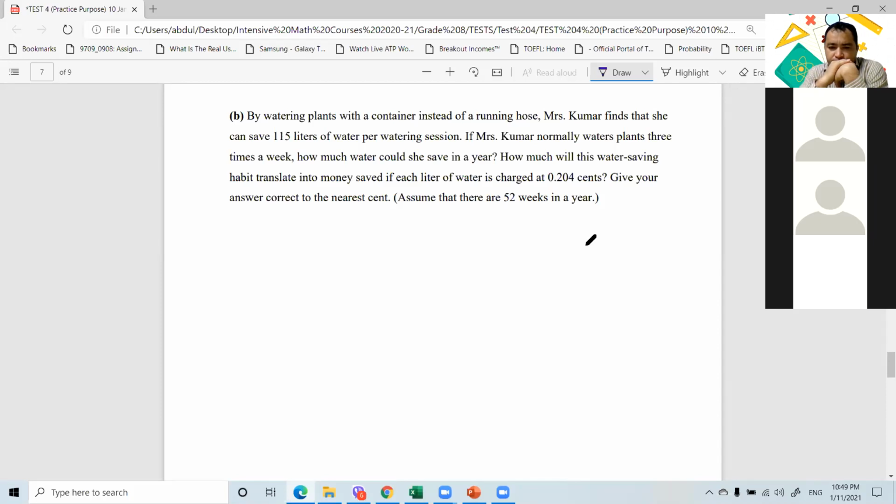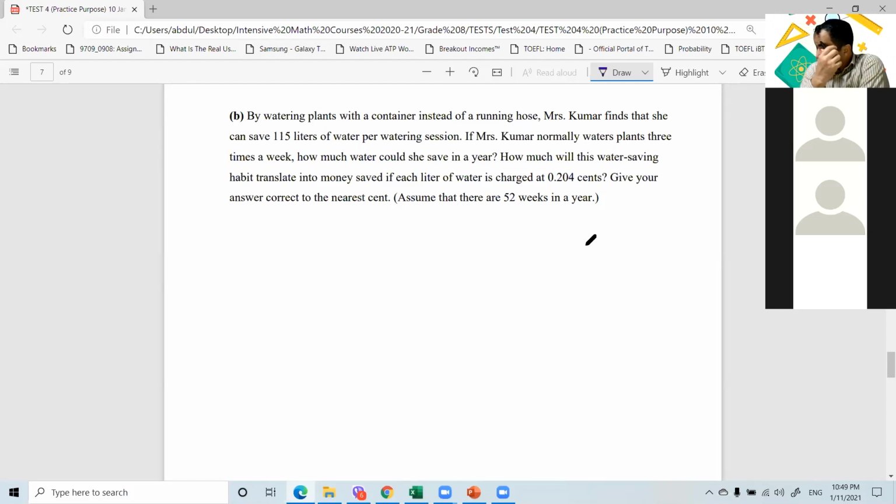How much will this water saving habit translate into money saved if each liter of water is charged at 0.204 cents? Give your answer correct to the nearest cent, assuming there are 52 weeks in a year.